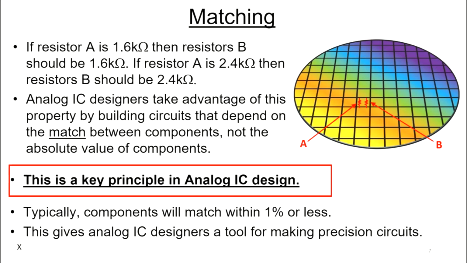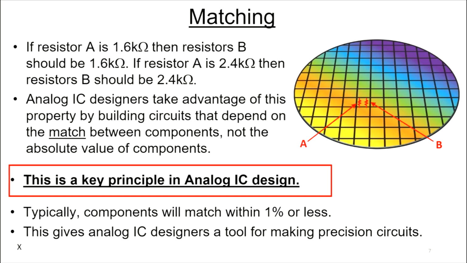Similarly, if resistor A is all the way up at 2.4K, resistor B should be at 2.4K also. Analog IC designers take advantage of this property by building circuits that depend on the match of components, not the absolute value of components. This is a key principle in analog IC design.